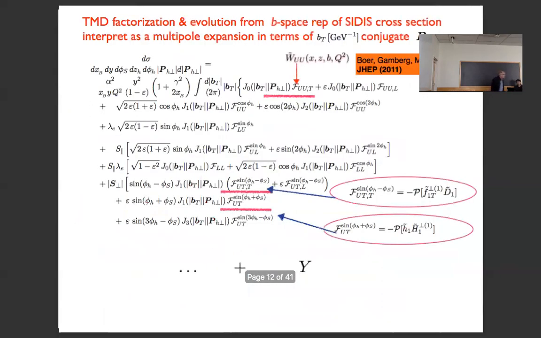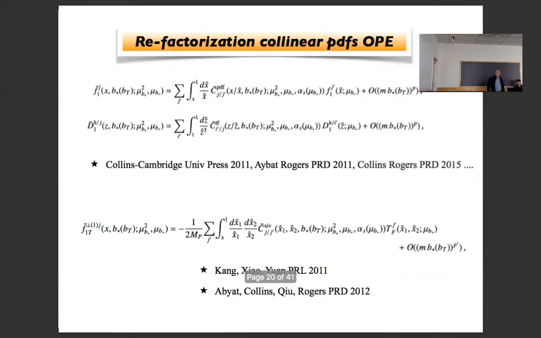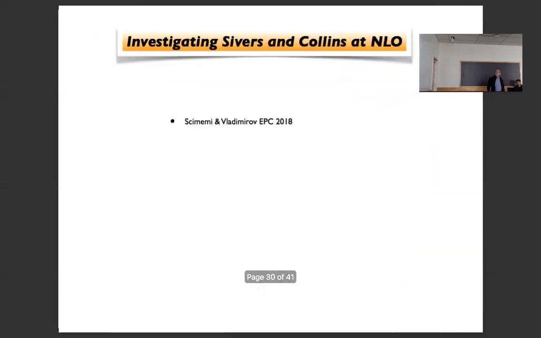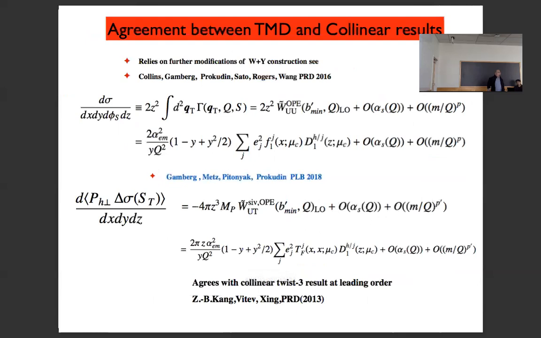I had one more slide. I wanted to point out that we also showed that the cross-section, at least the W term, factorizes. This was done in the earlier paper with Ted and everybody. And then we also did this in this newer paper for the Sivers, where we actually have TF times T1. Okay?